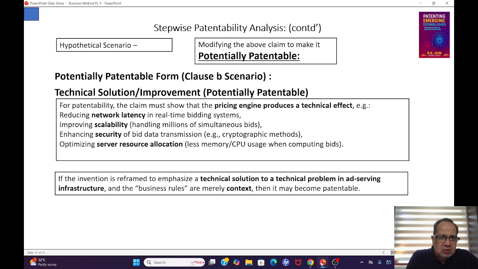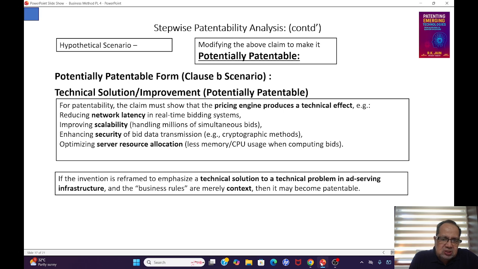So, how do we transform this claim into a potentially patentable claim? For this, we need to show that the pricing engine, the pricing business method, produces a technical effect. That could be in the form of reducing the network latency in real-time bidding systems.